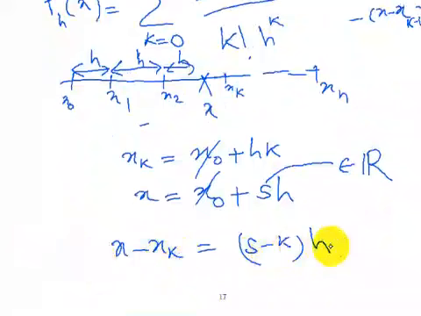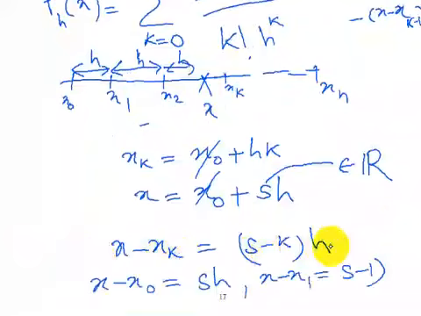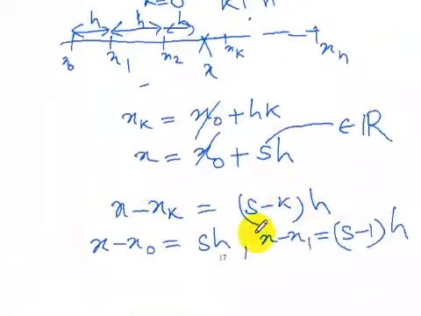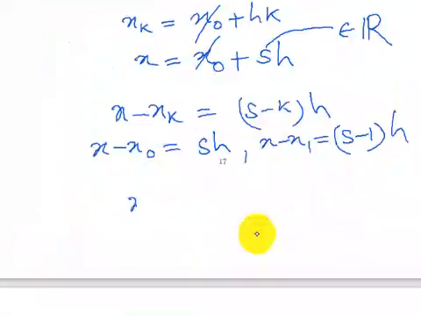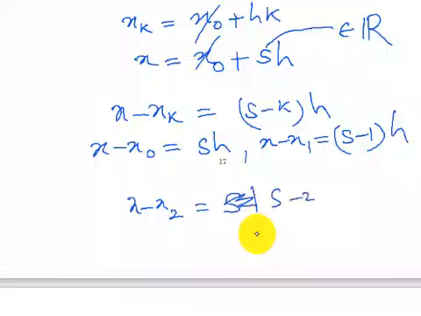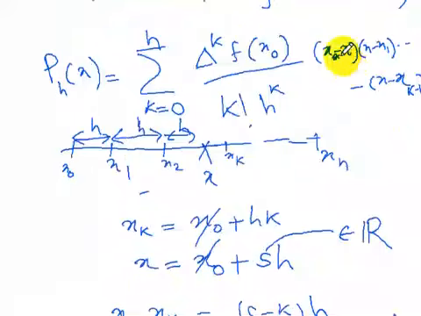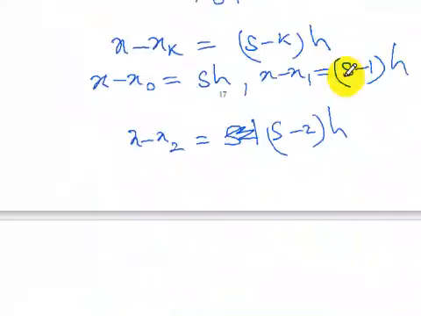What is x minus x naught? It is equal to sh, and x minus x1 is s minus 1 times h, and so on and so forth. x minus x2 is s minus 2 times h.